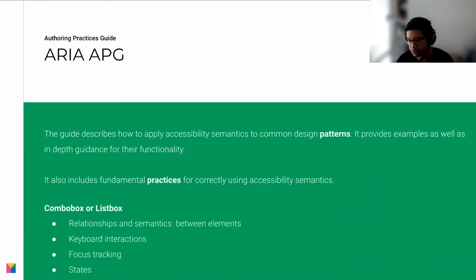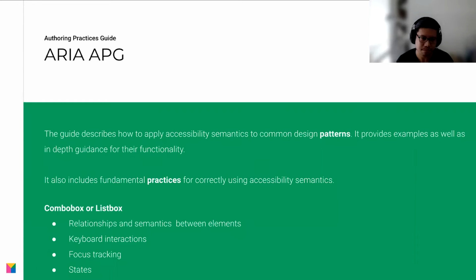These are two design patterns listed in the APG. Depending on features like type ahead, a select dropdown has no typing ahead, so it's a list box, but if you want type ahead and such, it's a combo box. Anyway, a lot of details, but essentially what you're making is a combo box or list box.